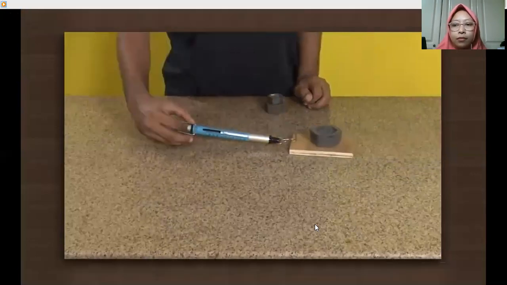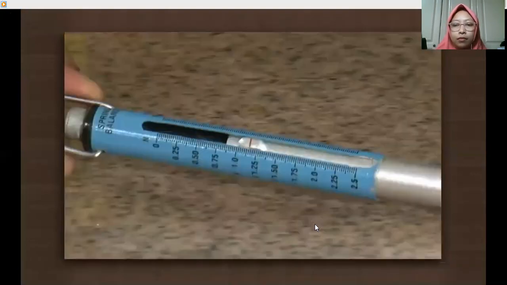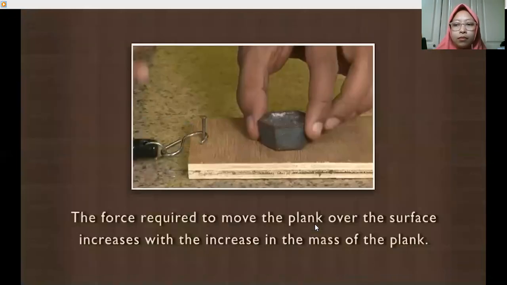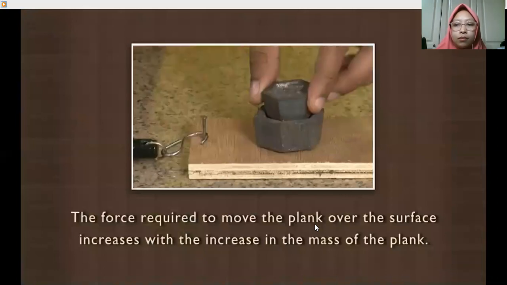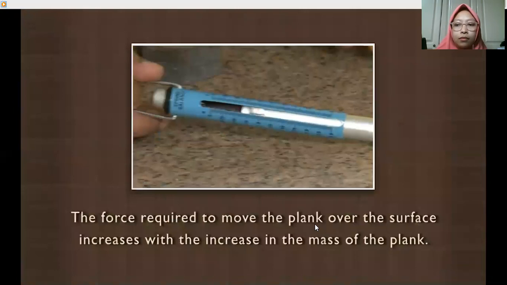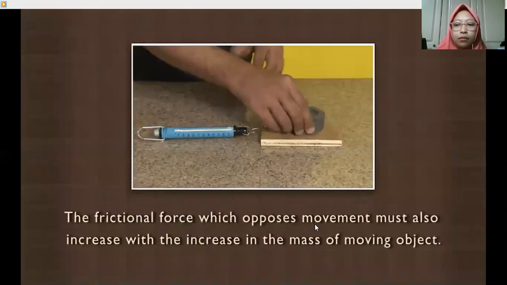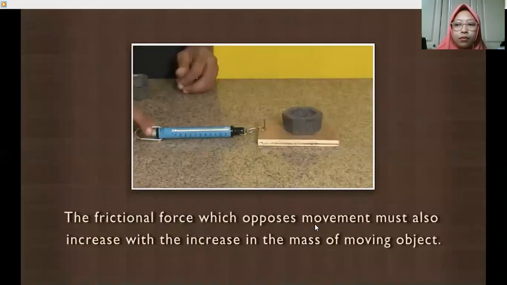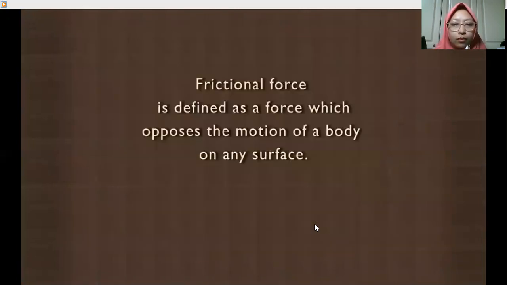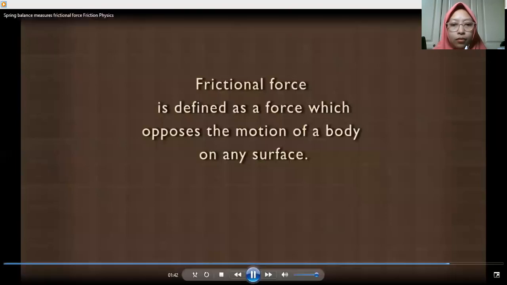It reads around 115 grams. We observe that the force required to move the plank over the surface increases with the increase in the mass of the plank. This means that the frictional force that opposes movement must also increase with increase in the mass of the moving object. Frictional force is defined as a force which opposes the motion of a body on any surface. It acts on both the surfaces involved.